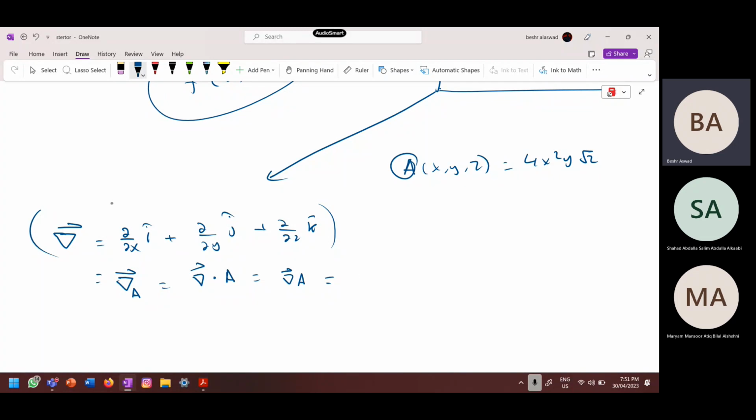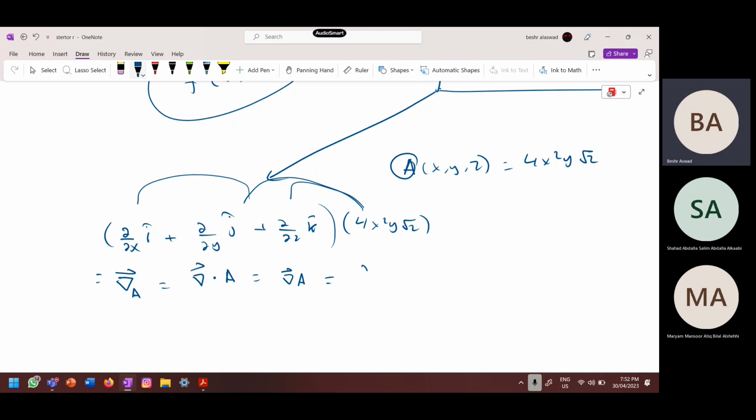To apply this, this is our gradient vector. We're going to use it and multiply it with our function A, 4x squared y square root of z. Now we need to multiply this here, there, and here.